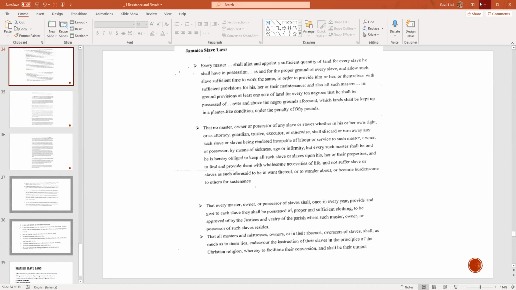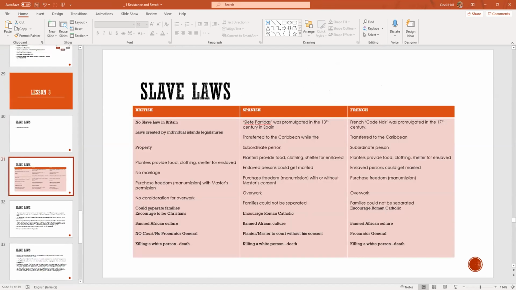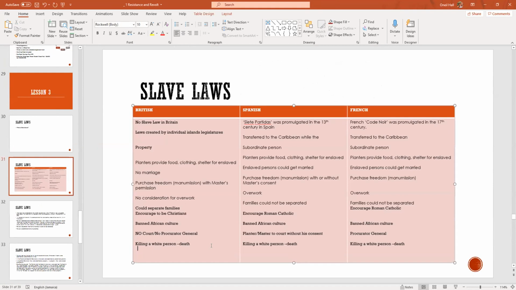So under the British slave laws, the enslaved person could work on holy days. Holy days, like Christmas and so.